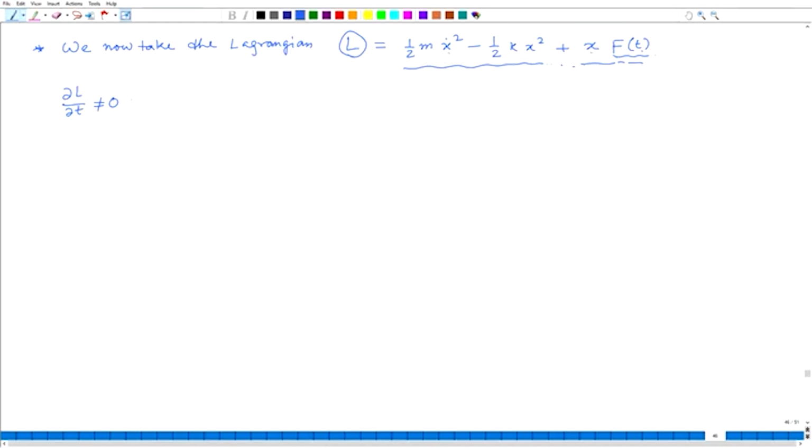Then I actually have another observation, that is, this is something added to the old Lagrangian of a simple harmonic oscillator. So, is this f(t) times x can be written as d/dt of a function g, which is a function of x and t?